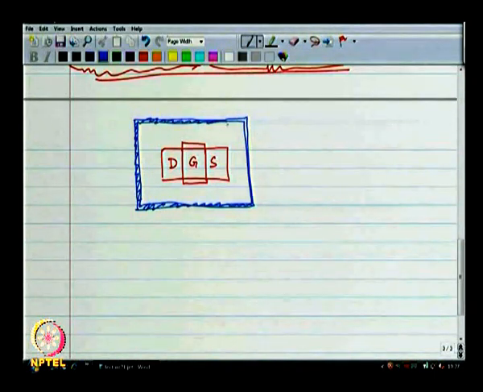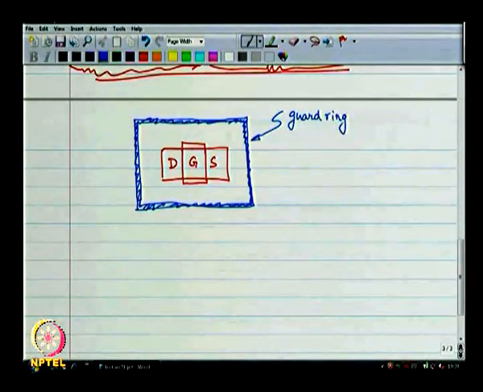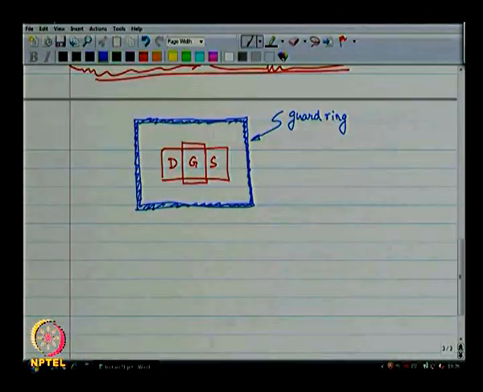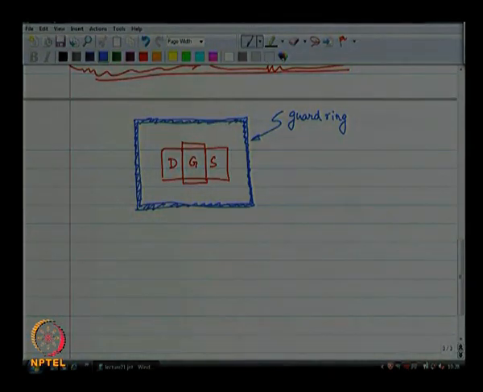It is a very commonly used layout practice when you are designing RF integrated circuits. This guard ring is covered with metal and it is grounded. If we are talking about an NMOS, it is grounded; if we are talking about a PMOS, it is connected to the power supply. What is this doing? This is making sure that the entire region in between is also at the potential that you want.